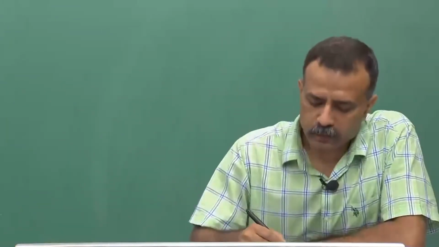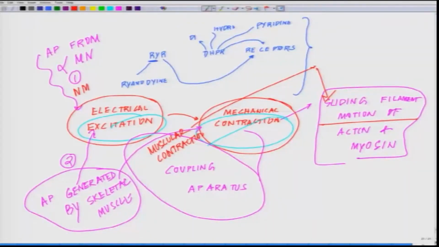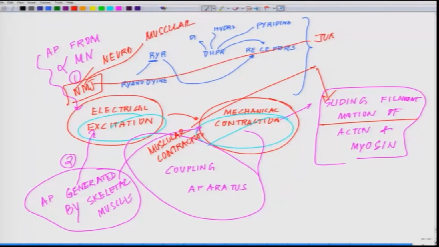So, the first electrical stimulus which is happening at NMJ or neuromuscular junction, the first one.